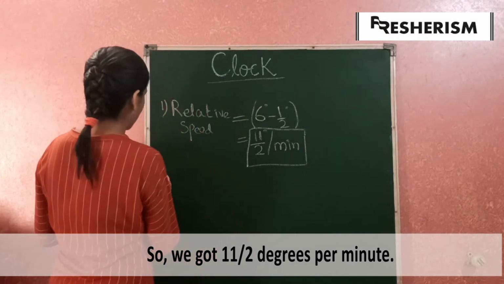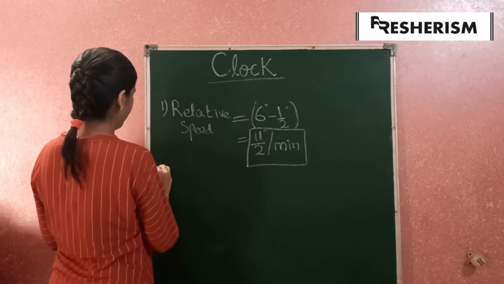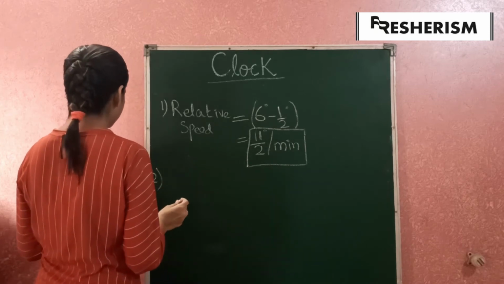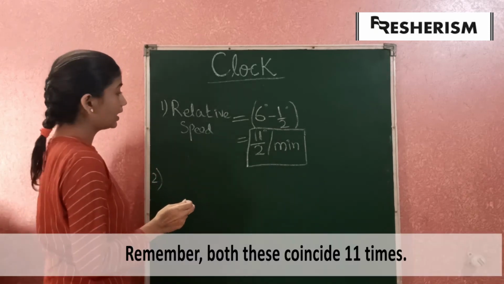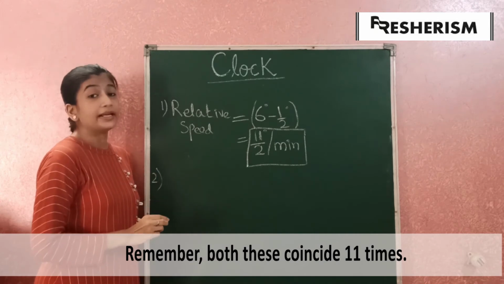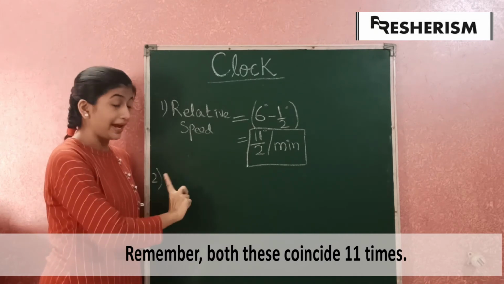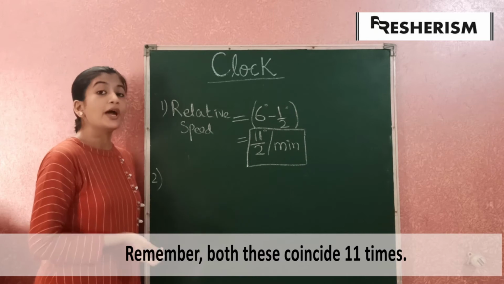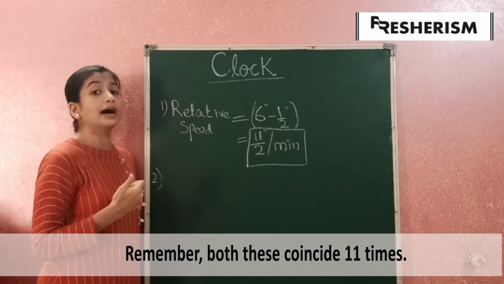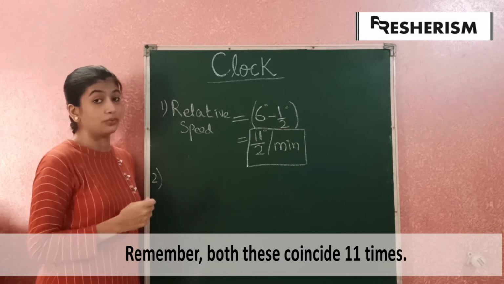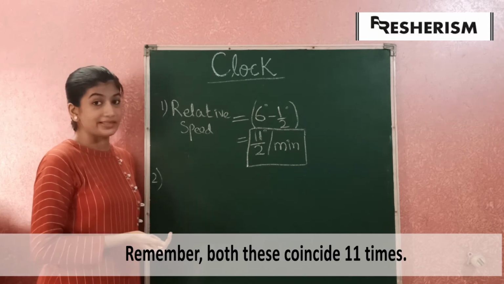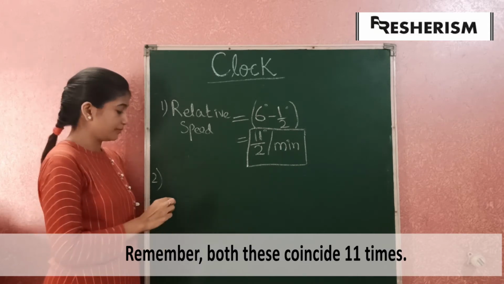The second key point to remember is that in a single hour, both hands coincide. Both the hour hand and the minute hand of the clock coincide in 1 hour.